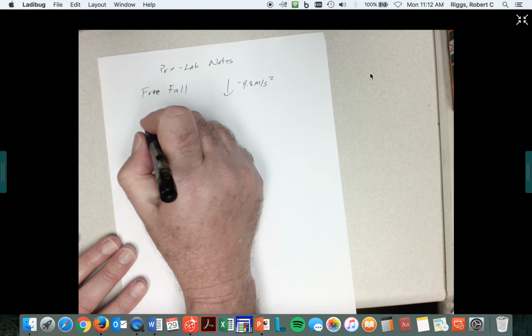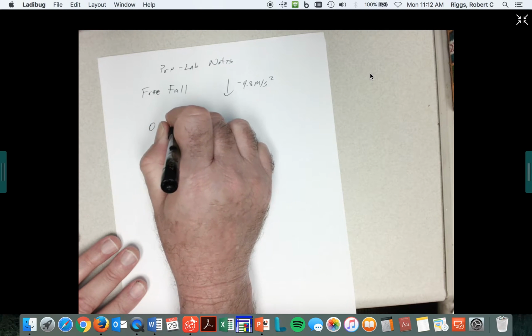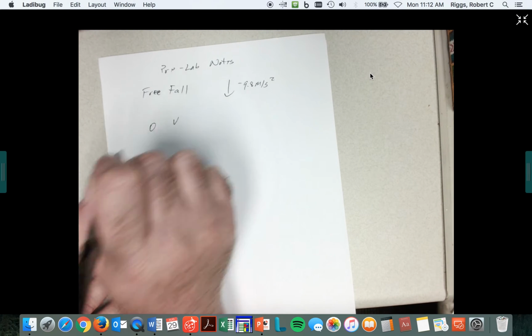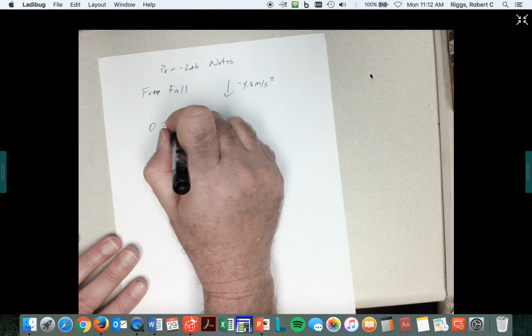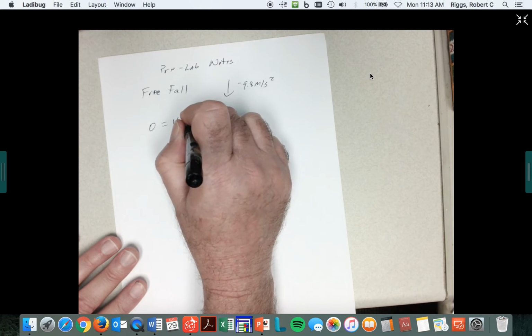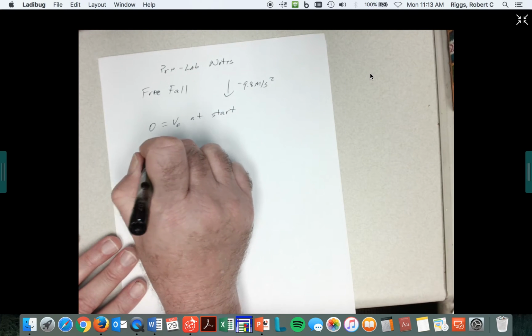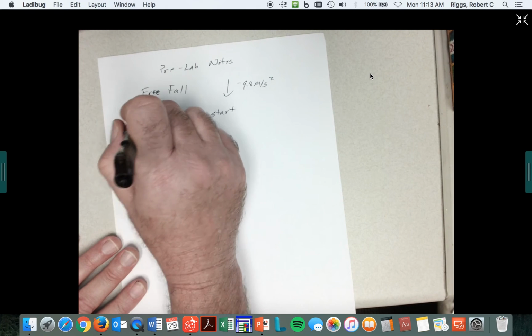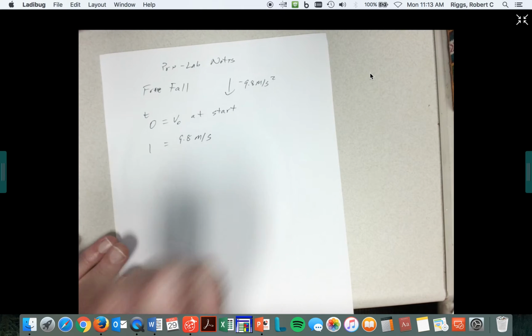For every second something falls, it starts off at 0. Is its speed before at the start? We say v naught at start. And then after 1 second, it'd be falling at 9.8 meters per second.